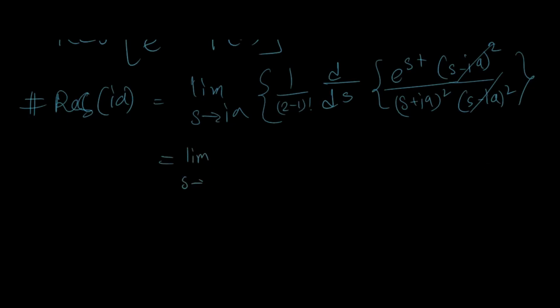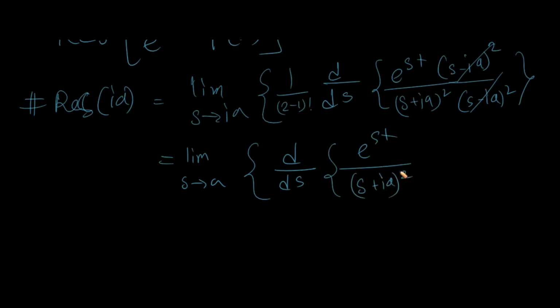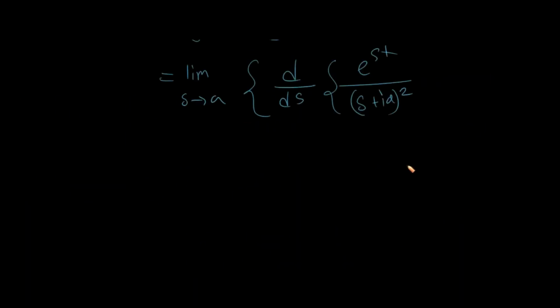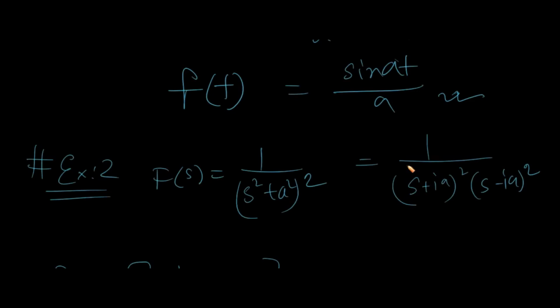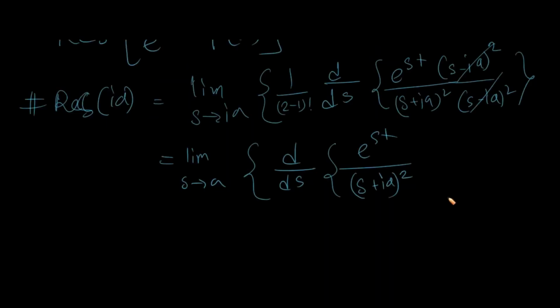So limit s goes to ia, and finally you have to take the derivative of e to the power st by s plus ia whole squared, right? Sorry, there should be 2 second braces. And now first you take the derivative, then you take the limit. Sorry, s should go to ia.